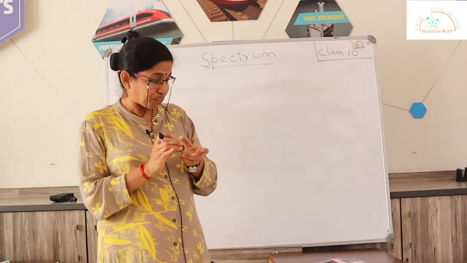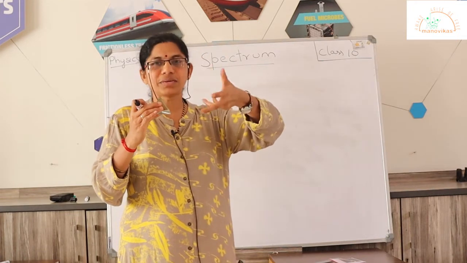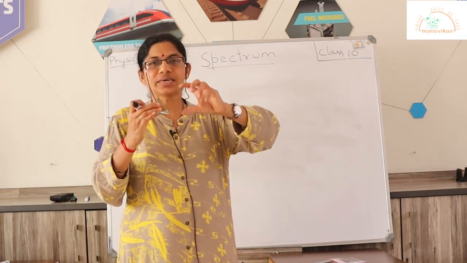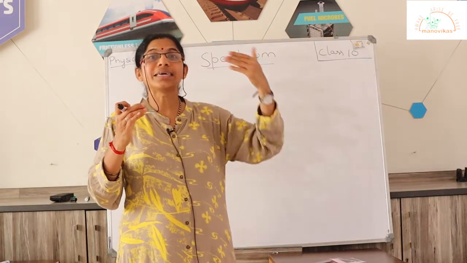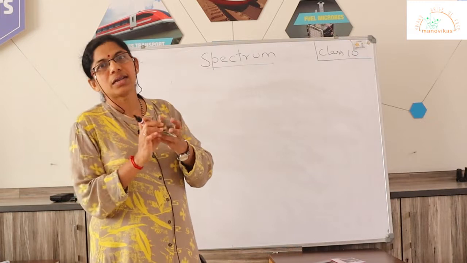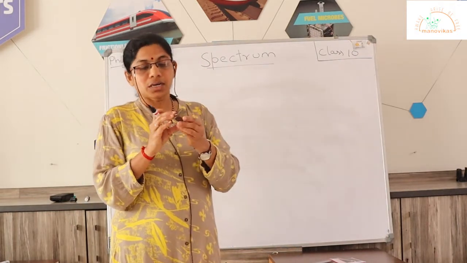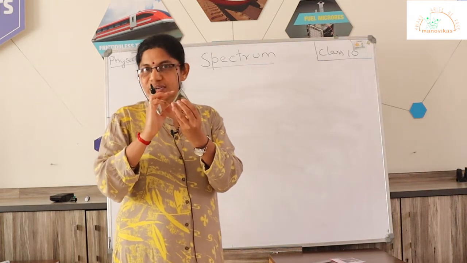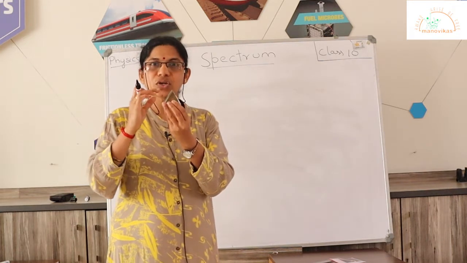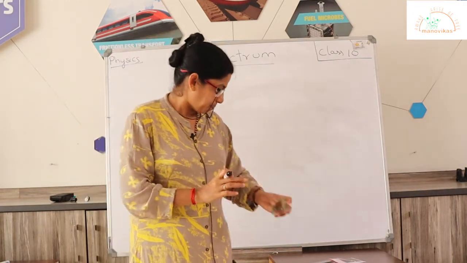And if you use another prism in such a way that you invert it and place it, you can again get white light from that band of 7 colors. Now what you need to remember is that dispersion occurs only at the first surface and deviation occurs at both the surfaces, right?